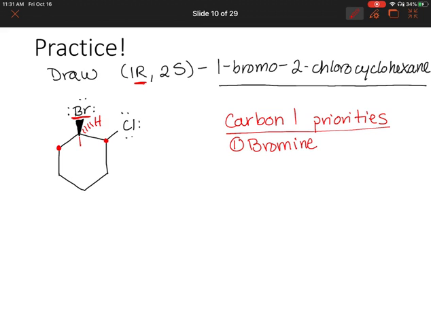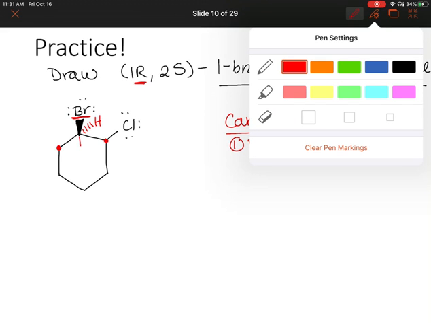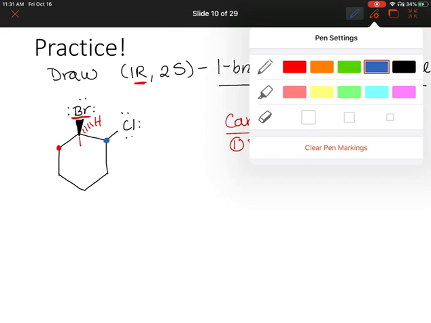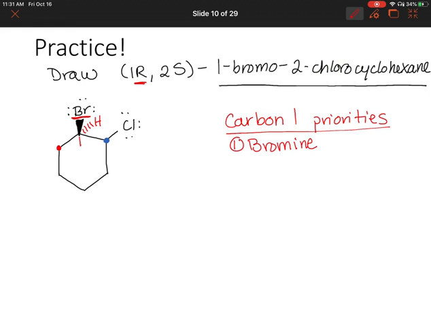All right, so what's next? Carbon or hydrogen? Carbon, but there's 2 carbons. So we have to figure out which carbon would have higher priority. So I'm actually going to draw the second carbon here in blue, and then we'll compare the two carbons.